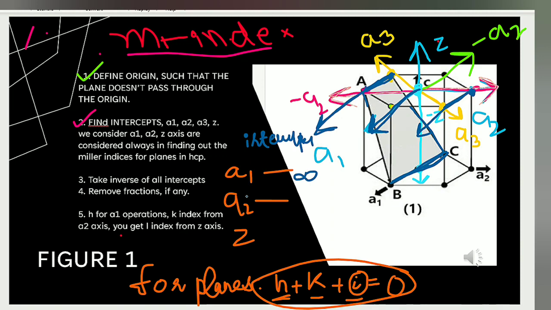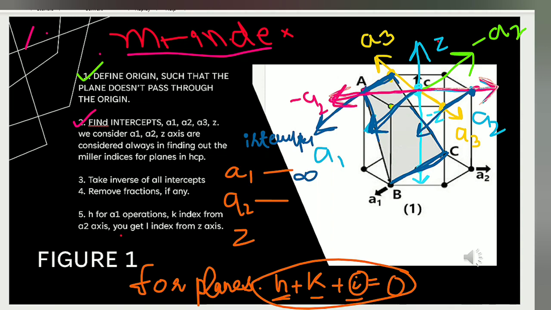Now considering A2, we have the plane right here. You have to consider the plane. Highlight it in your eyes. And the axis line, we can see the axis lines of A2.